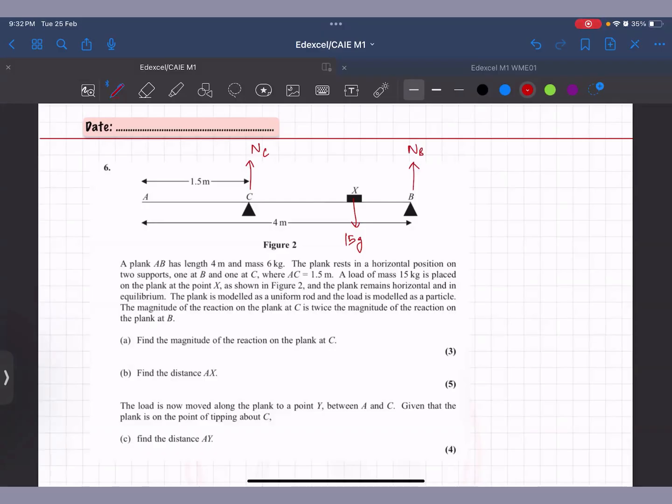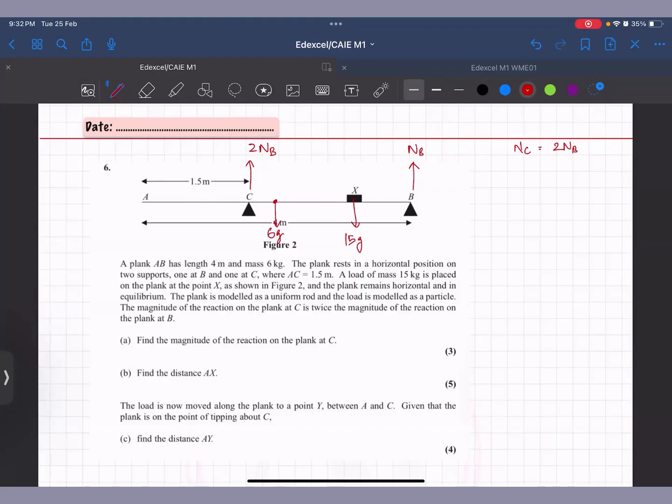So you can write normal force at C to be twice the normal force at B. Find the magnitude of the reaction on the plank at C. And the weight of the rod is also given to us. The weight of the rod, 6 kg, is 6g, right?